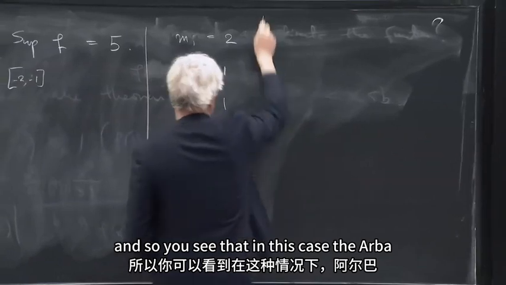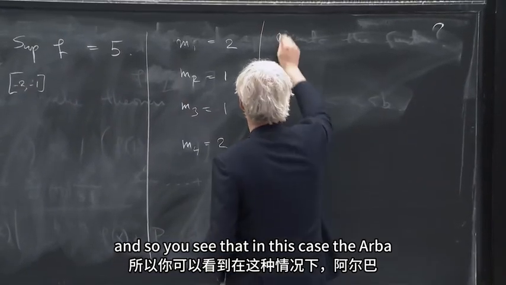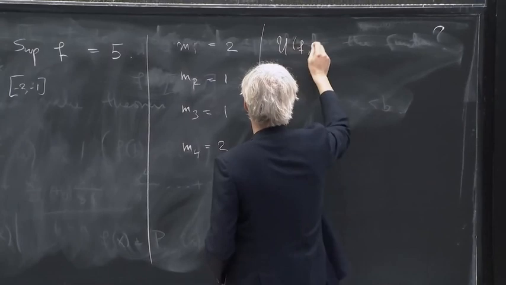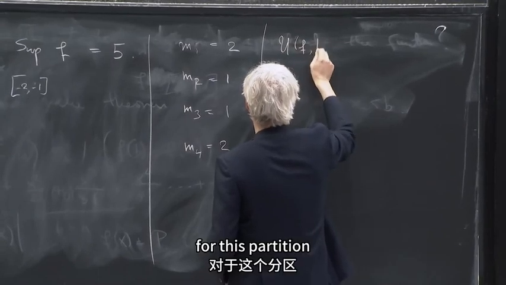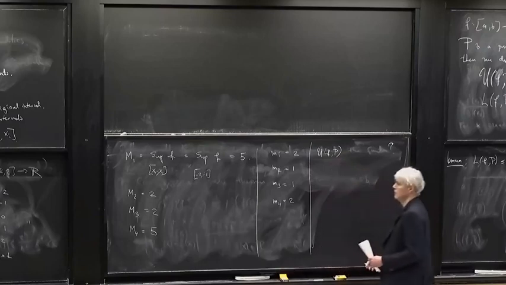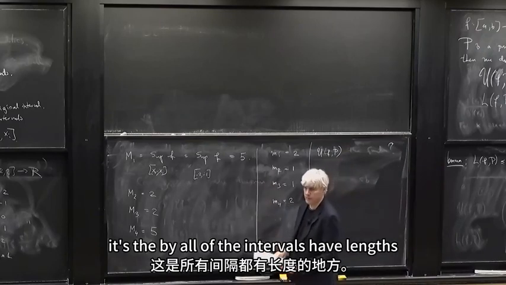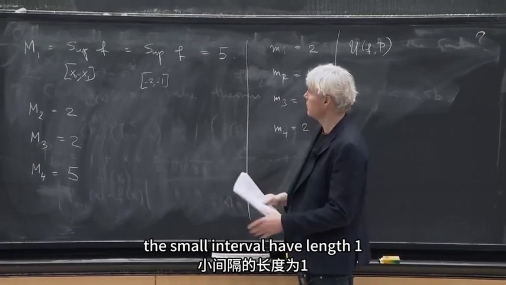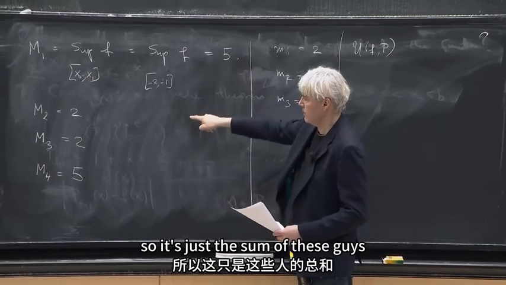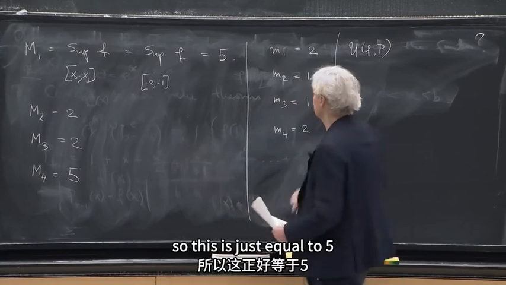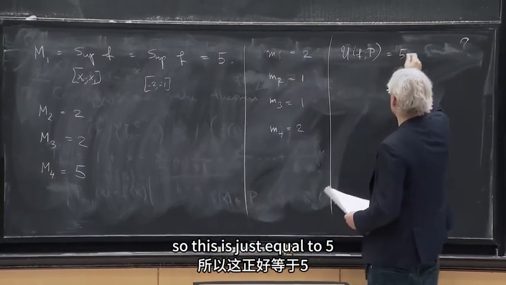And so you see that in this case, the upper sum for this function and this partition is this. All of these small intervals have length 1, so it's just the sum of these values.